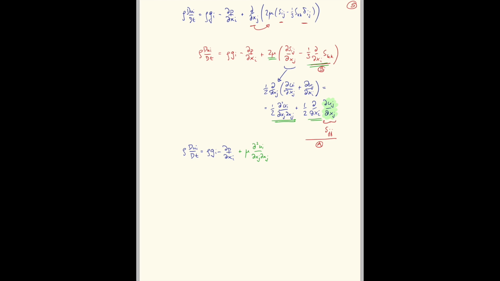So those two terms combine to just give plus a third d by dxi duk dxk. And both of those terms are multiplied by the viscosity.